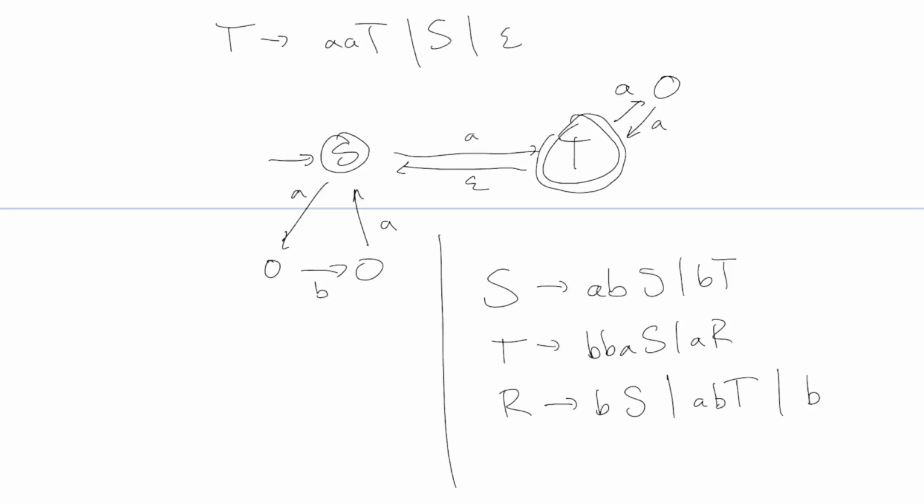Yeah, that's good. So this arrow is correct, but it doesn't mean S is an acceptance state. Yes, what to do with the little b.